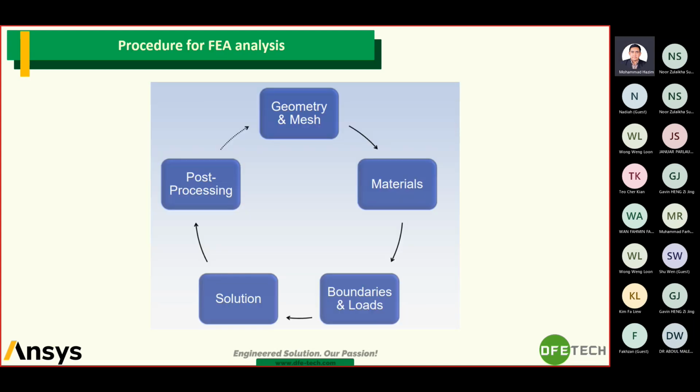This is the process that we need to follow before we do the finite element analysis. We start with the geometry and mesh, and then we go to the material. We need to define what material we want to use. And then we also need to define the boundary conditions and load. After that, we go to the solution and processing.